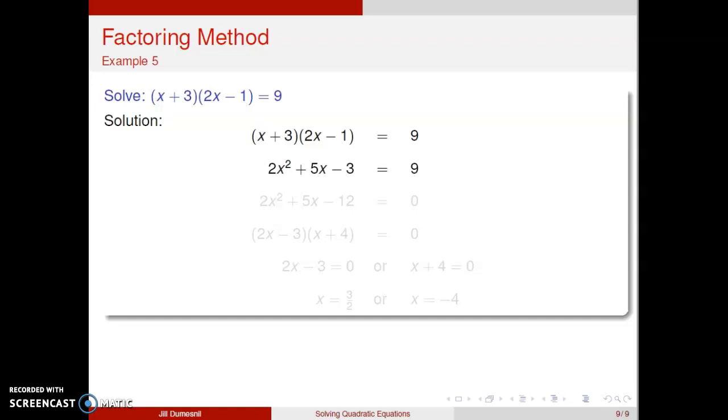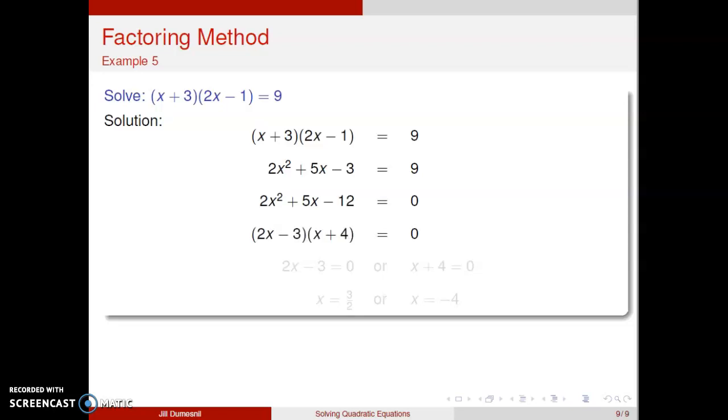First, we multiply x plus 3 times 2x minus 1 to get 2x squared plus 5x minus 3 equals 9. Then subtract 9 from both sides to get the quadratic equation in standard form.